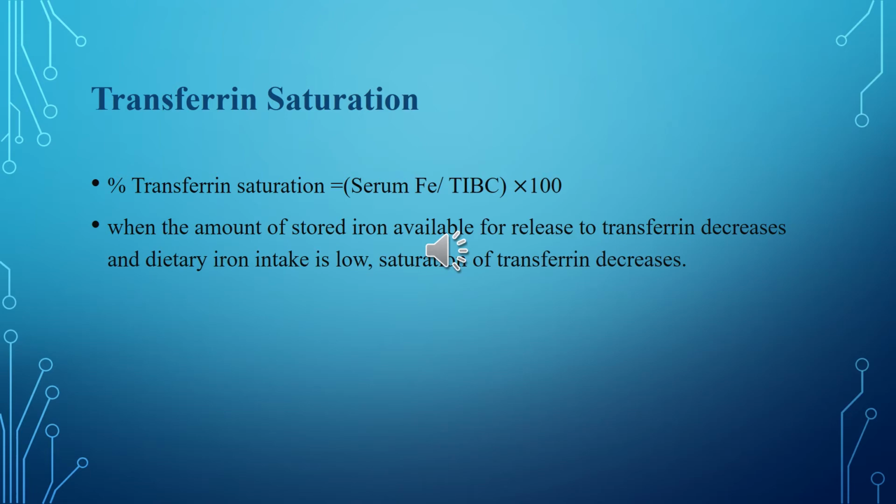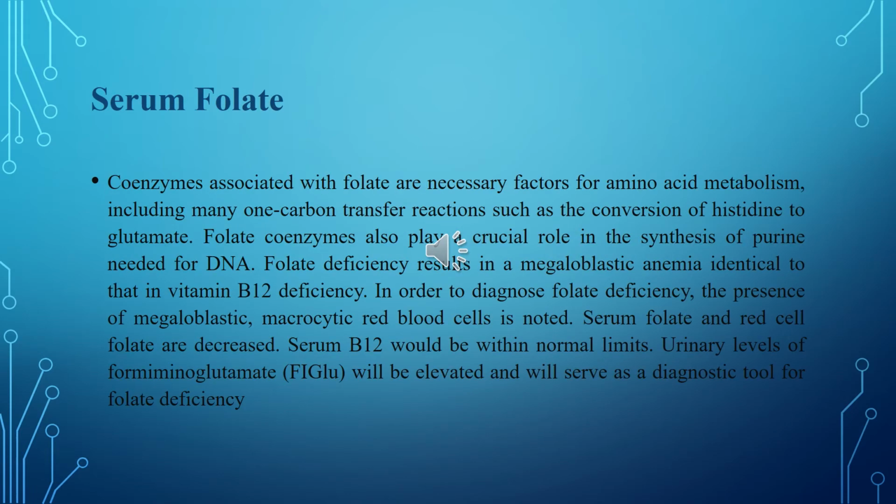Total iron binding capacity and transferrin saturation tests cannot detect decreasing iron stores and iron deficiencies. A low level of folate indicates deficiency, and deficiencies are diagnosed by analyzing CBC, plasma vitamin B12, and folate levels.